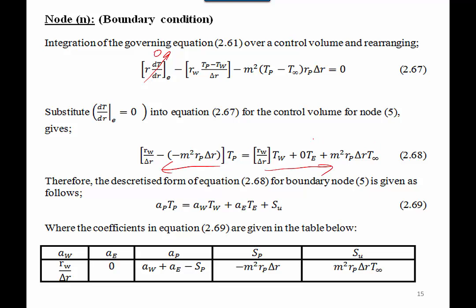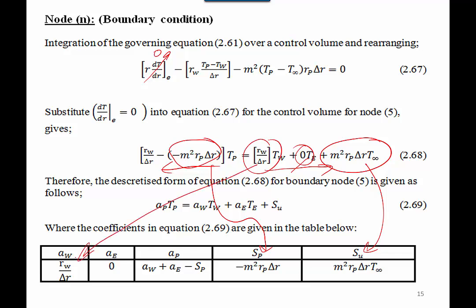There is no A east value, it is 0, and this parameter on the far right will be SU, this goes for SP, and 0 for A east, and this one for A west.